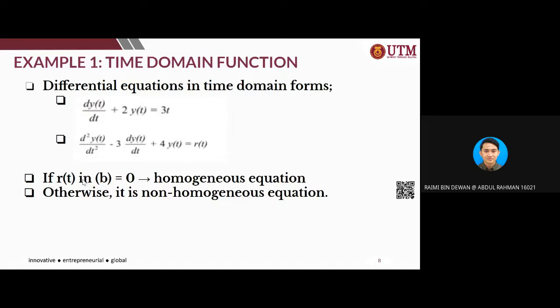If r(t) here has a value of 0, this equation is homogeneous. Otherwise, if r(t) has a non-zero value, it is a non-homogeneous equation. I believe you have learned this in your mathematics subject, differential equations, if I'm not mistaken. So we have a condition for r(t) here: if it's zero, it is homogeneous; if it's non-zero, it is a non-homogeneous equation.